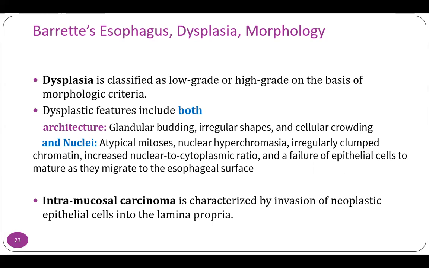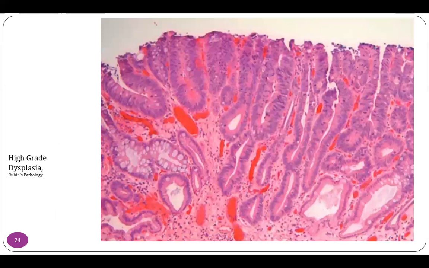Usually for dysplasia anywhere in the body, we look at the cellular, nuclear change. However, the architectural changes are also important to define dysplasia. So both architectural and nuclear or cellular. This is a high-grade dysplasia. You see the cells are hyperchromatic, and on the right side you see the Barrett's esophagus.